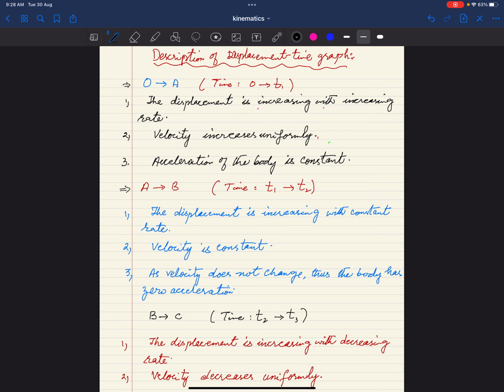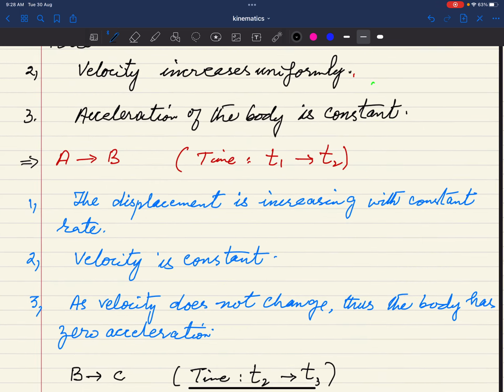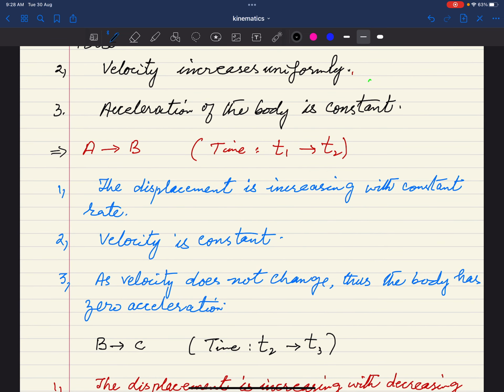Then from A to B, during the time interval T1 and T2, we have discussed already that the displacement is increasing with constant rate. And when the displacement is increasing with constant rate, your velocity is constant. So you have to relate these two things. And when velocity is constant, you know that acceleration is rate of change of velocity.